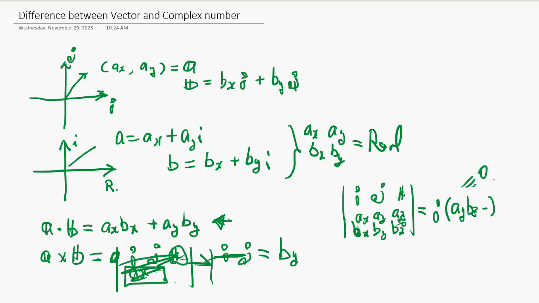Basically the vectors A and B go this way. This means the arrow goes from the top of the paper to the other side of the paper.